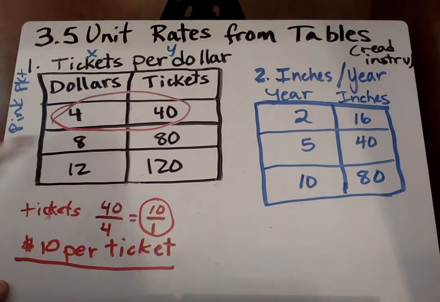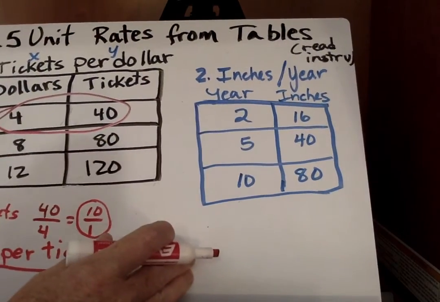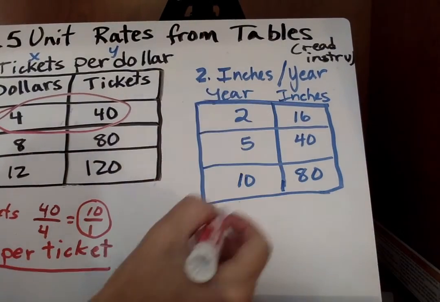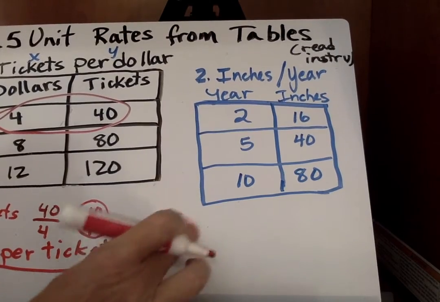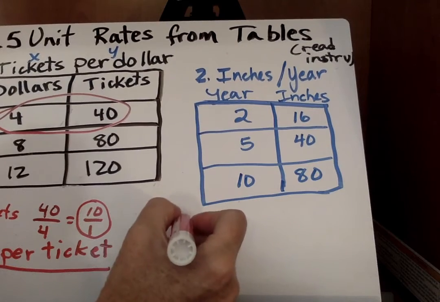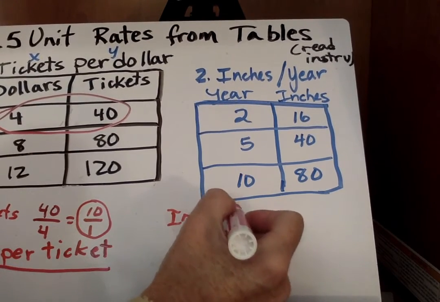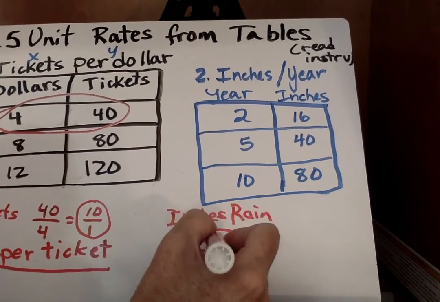Okay. And number 2 could be like rain, that you get 16 inches of rain per year. Let's see. So I'm going to put rain, inches of rain per year.